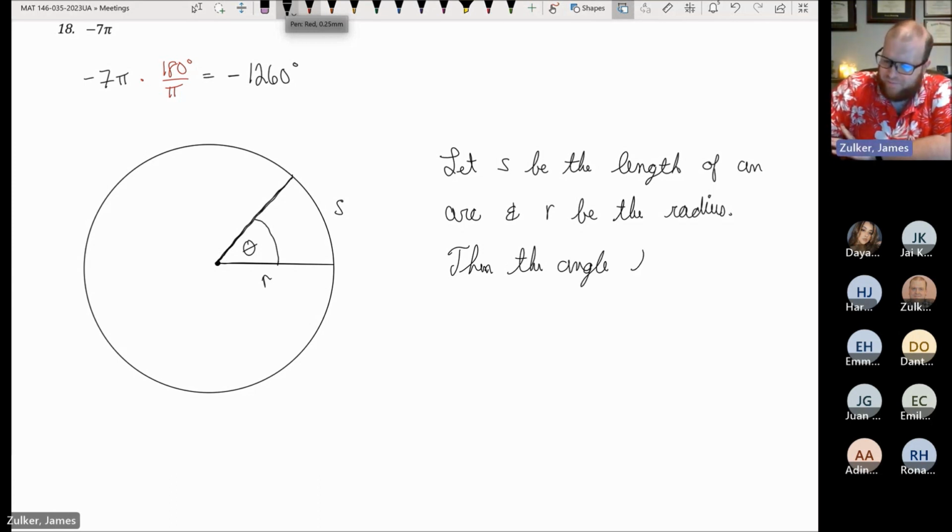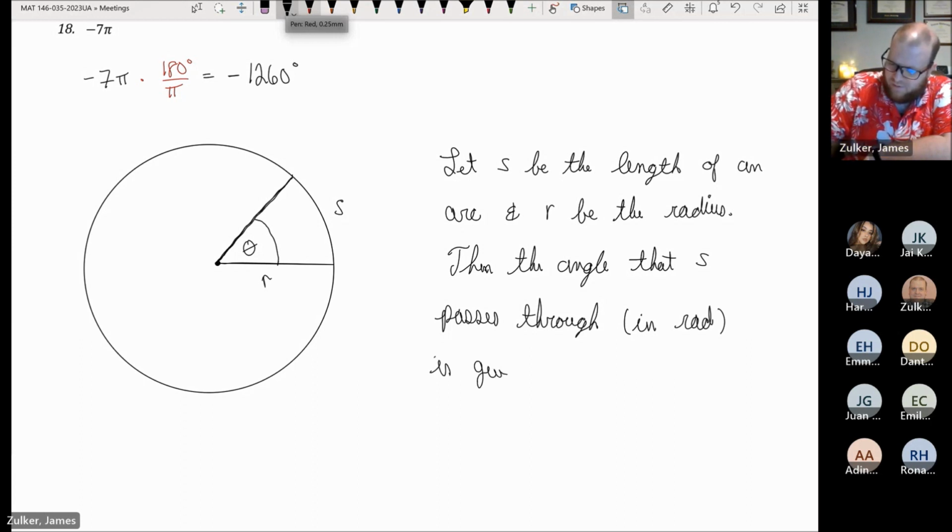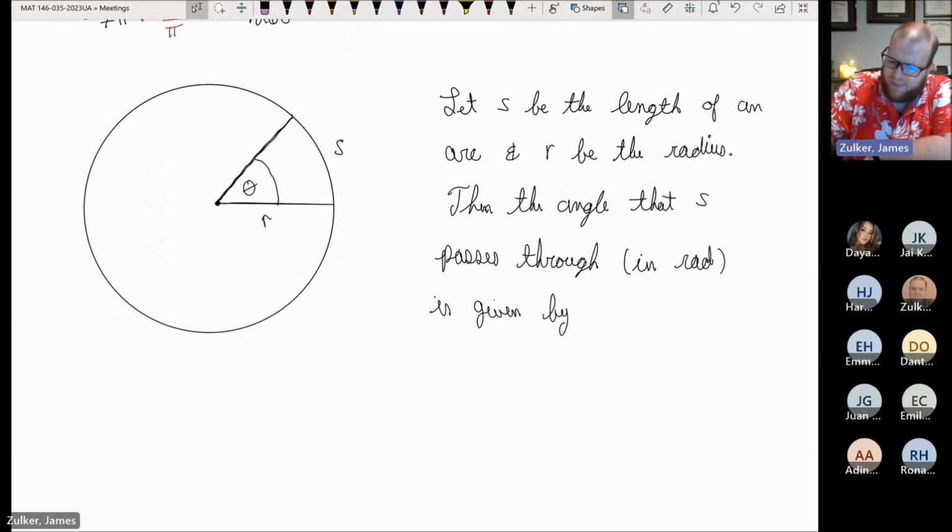Then the angle that S passes through in radians is given by theta. Theta equals S over R.